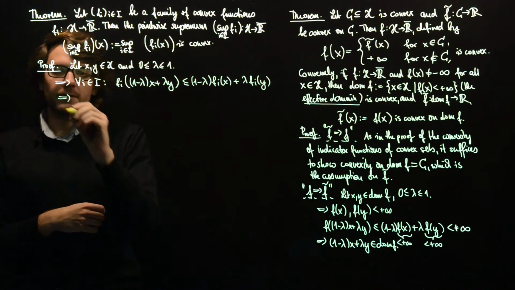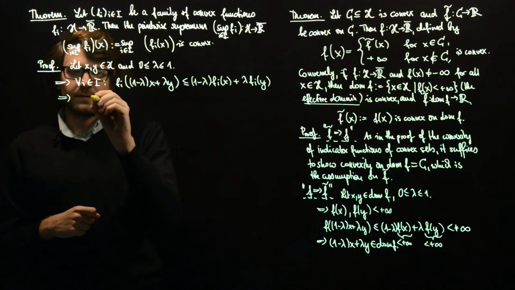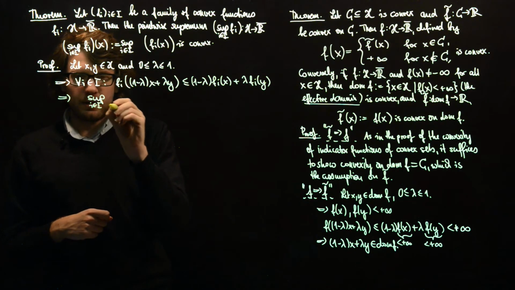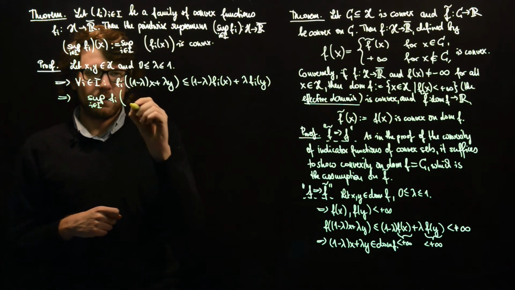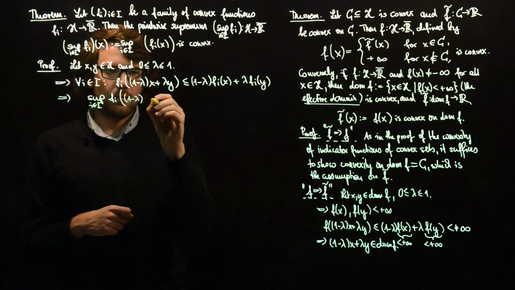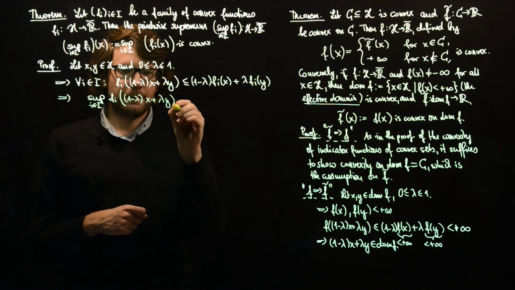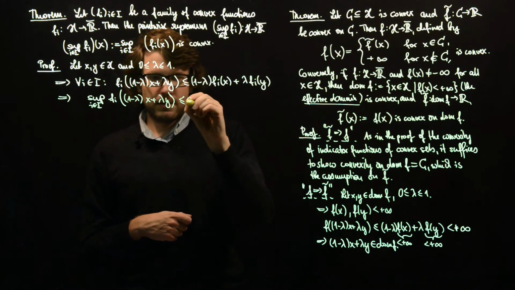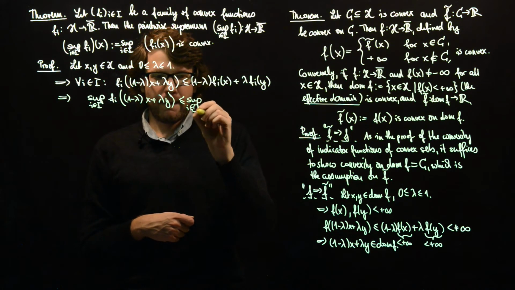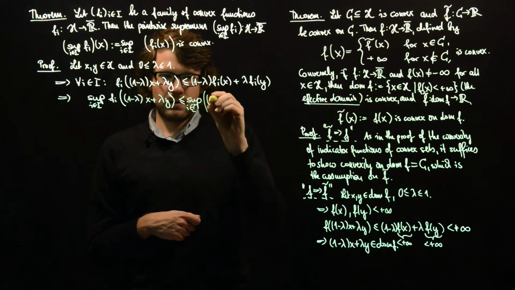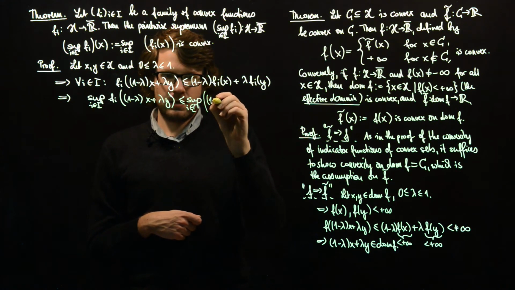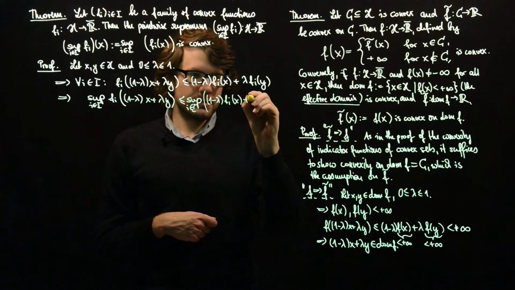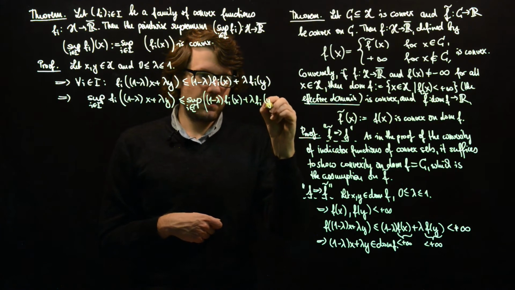And therefore, if we take the supremum on the left-hand side, we preserve this inequality. So supremum over i in I of f_i of (1 minus lambda) x plus lambda y is less or equal than supremum over i in I of (1 minus lambda) f_i of x plus lambda f_i of y.